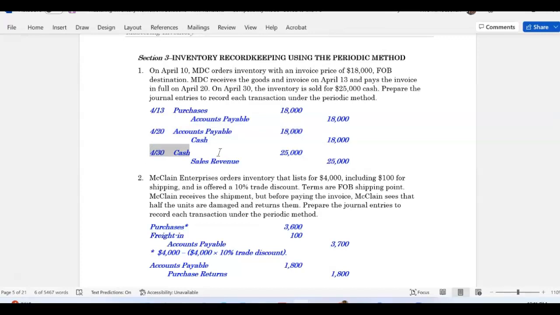If it sells for cash, then record the cash debit and then recognize the revenue. As you see, the inventory T account is not updated, cost of goods sold is not recognized, and it's just periodic. So you might ask, where is the cost of goods sold then being recognized? It's at the end of the period, okay? Not right now, at the end of the period.